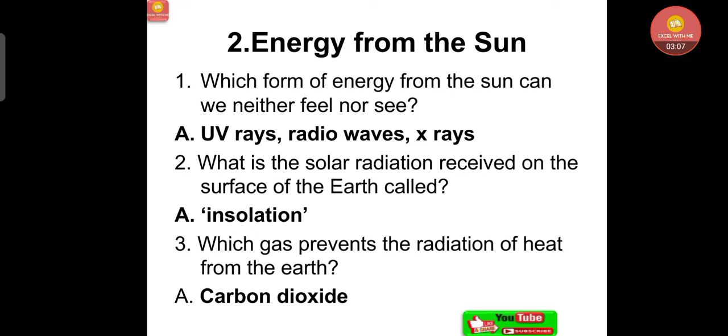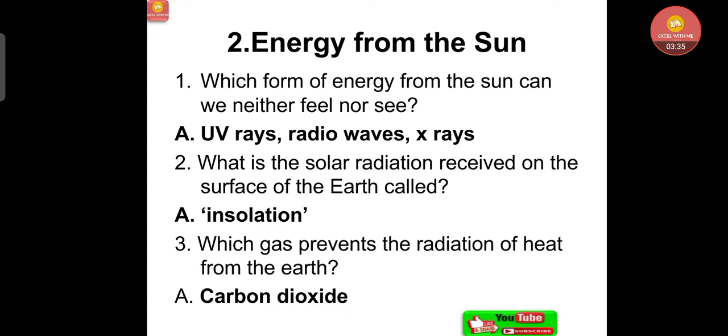First question, which form of energy from the sun can we neither feel nor see? They are UV rays, radio waves, X-rays. Next question, what is the solar radiation received on the surface of the earth called? That is answer insolation. Next question, which gas prevents the radiation of heat from the earth?